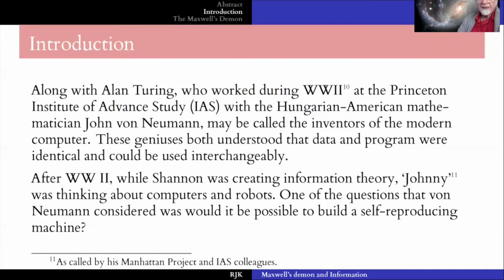So this was a very flexible kind of machine, and this is the one that Turing built during World War II for the post office in Britain. But von Neumann was thinking a different way about computers and robots during World War II.